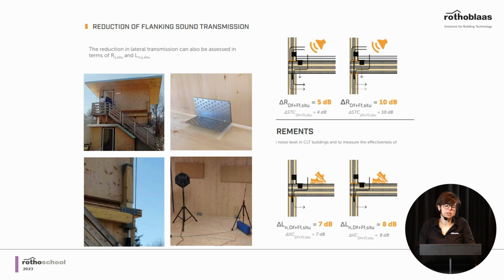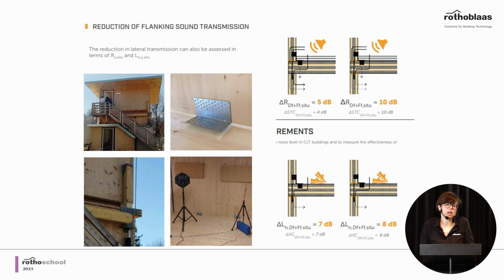We have done this using a special laboratory in which it was possible to lift the upper floor and the upper wall, and to install the resilient interlayer in between walls and slab. This allowed us to measure the flanking transmission with and without our resilient interlayer and to provide the improvement of the resilient interlayer.